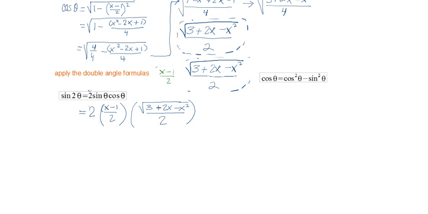So these two cancel. And so my answer is actually, let me just erase them. Erase this one, and we erase this one. And that's actually my sine of 2 theta. That's the answer right there.